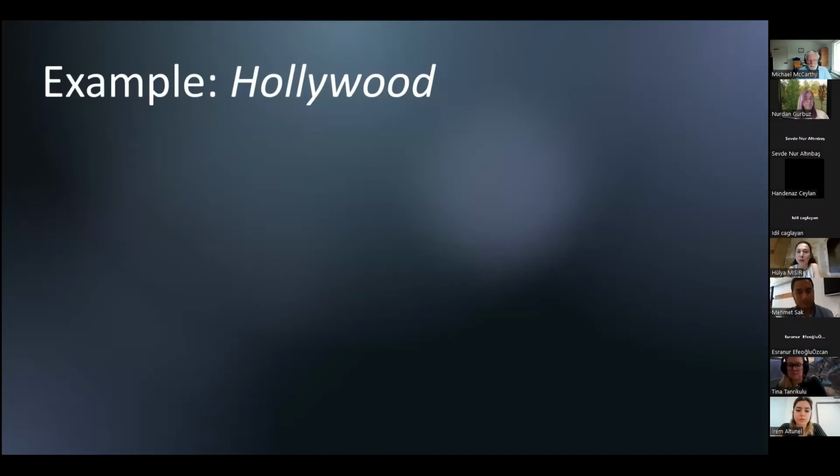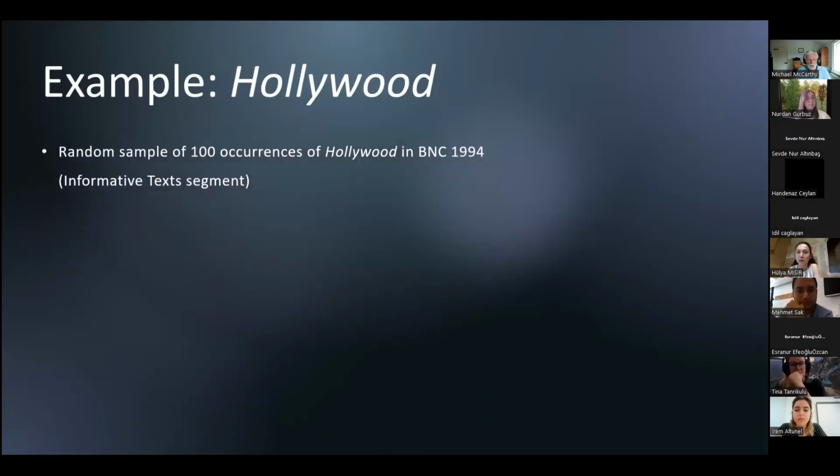So I've taken the example from Janet Littlemore's previous quote that I used, the example of Hollywood. And I looked it up in the British National Corpus, and I took a random sample of 100 occurrences of the word Hollywood in the British National Corpus of 1994.